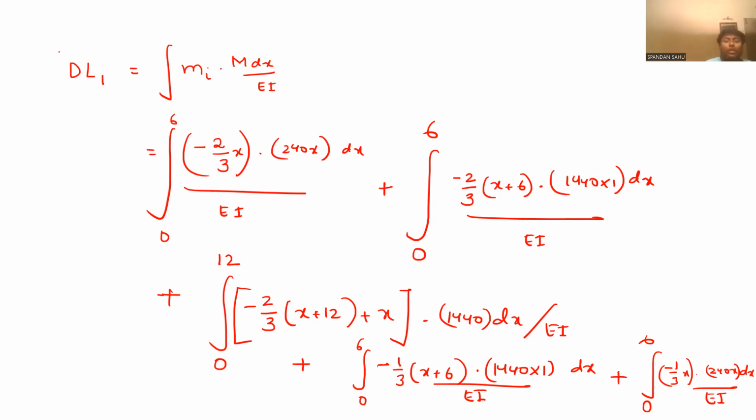So now you can multiply and you can integrate. These are all second order polynomial equations, so integration won't be that difficult, I guess. Or should I do it? Can you do the integration?